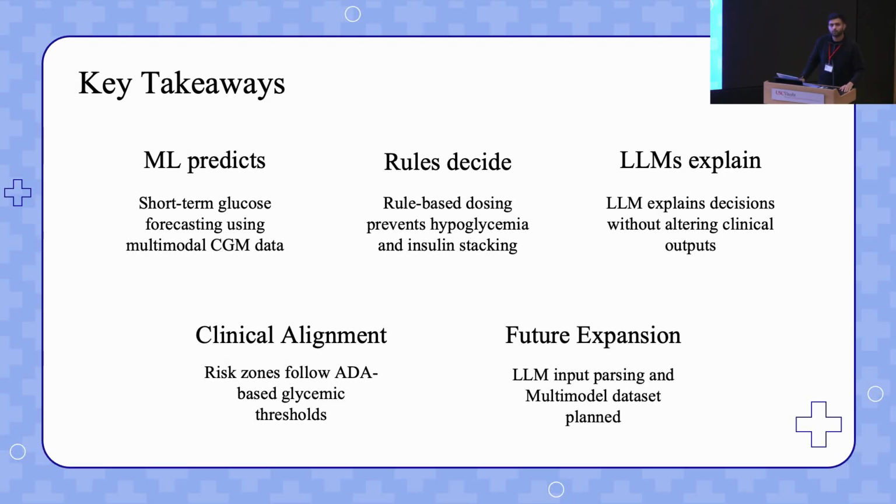In future, we want to expand LLM use cases, incorporate more multimodal datasets so we can make it more personalized, and add more medical rules and safety constraints to make the system safer and more personalized for type 1 diabetes care.